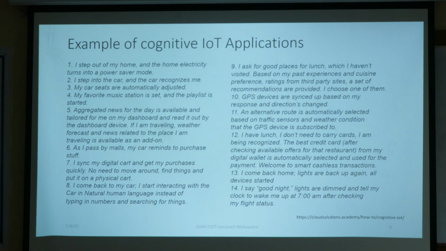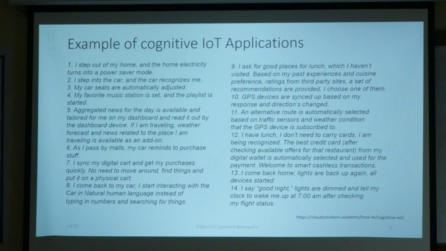Based on my previous experience, cuisine preferences, and ratings from third-party sites, a set of recommendations is made to me, and I choose one. Then GPS devices are synced based on my response and direction changes. An alternative route is selected if there is traffic congestion somewhere on the way.